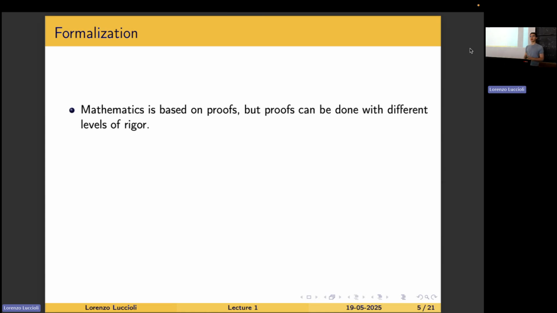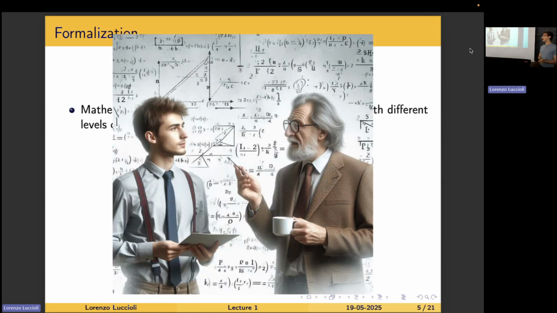In particular, the communication of a proof can be done with different levels of rigor. So for example, we may start by telling a proof to a colleague or to a student orally, so just talking, and we may give a few details, but probably not all details. We may get something wrong, and the other person may not notice that we got something wrong.